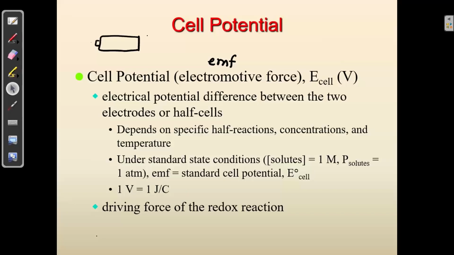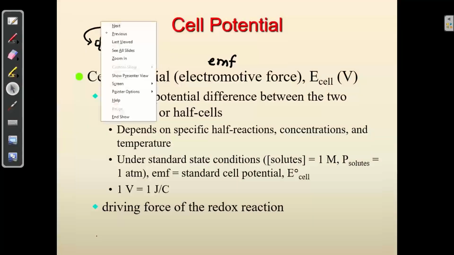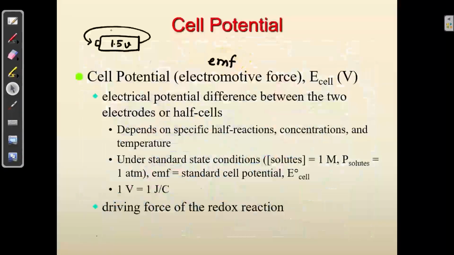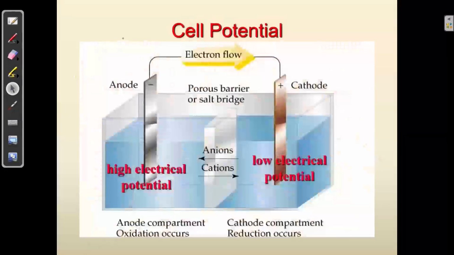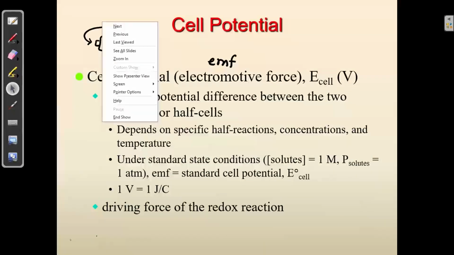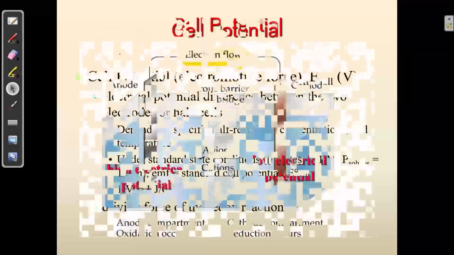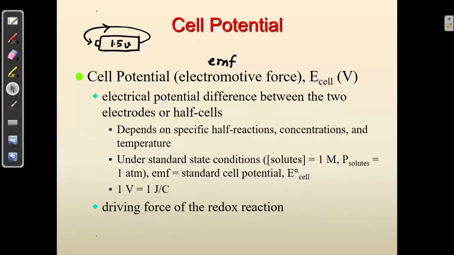When it is not used, that means when its terminals are not connected, it shows 1.5 volt. But once the terminals are connected, there is a flow of electrons, or you can say the flow of current takes place.